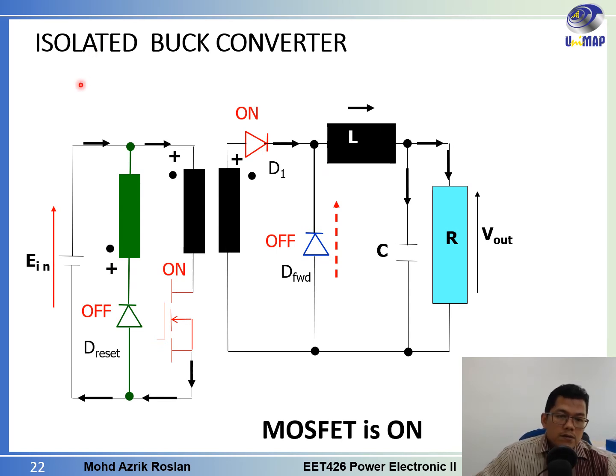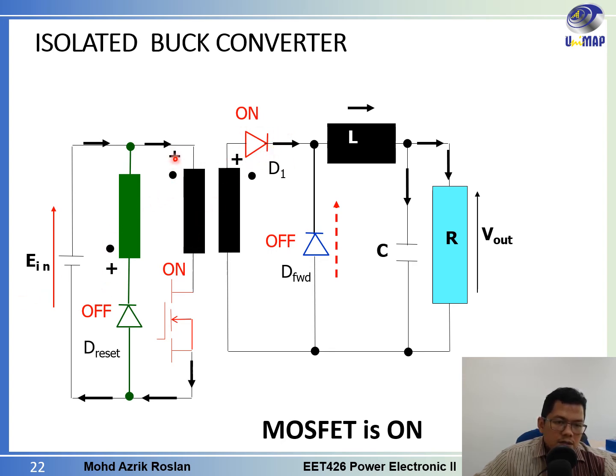Now we will look at how the circuit works when we insert the demagnetization pathway. As you know, when the switch is on here, there will be a current flowing through here. When the current flows into the winding, at this point there will be a positive terminal, and then at the dot side, at the secondary, there will be positive. So this diode will be forward biased. And how about this one?